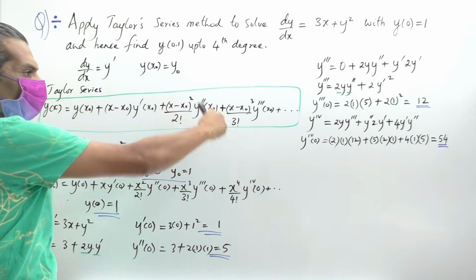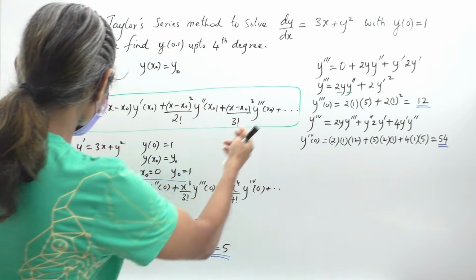Since the question is given up to 4 degree, we differentiate it 4 times. Now let's put all these values here.